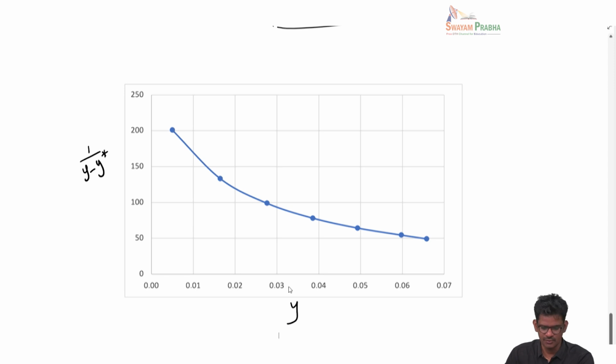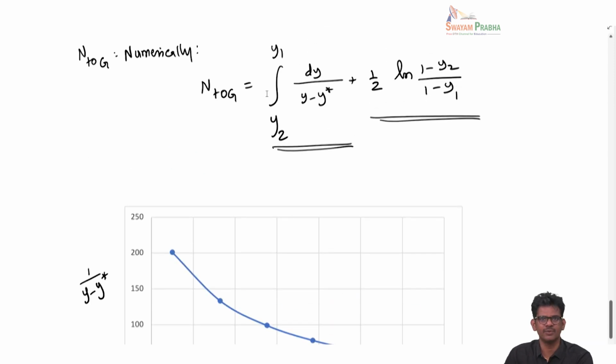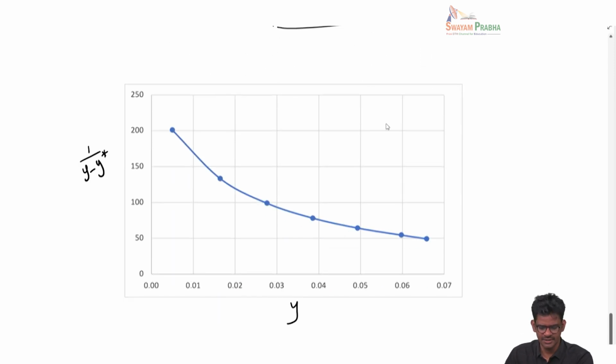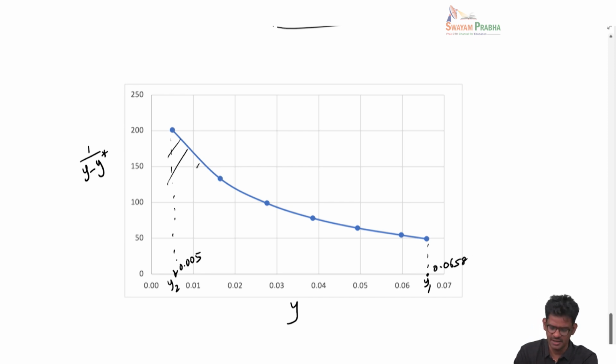Now, as per this expression for NTOG, all we need to do is get the area under this curve, going from y2 to y1. So y2 is 0.005 and y1 is 0.0658 or something. So now we need to find the area under this curve.